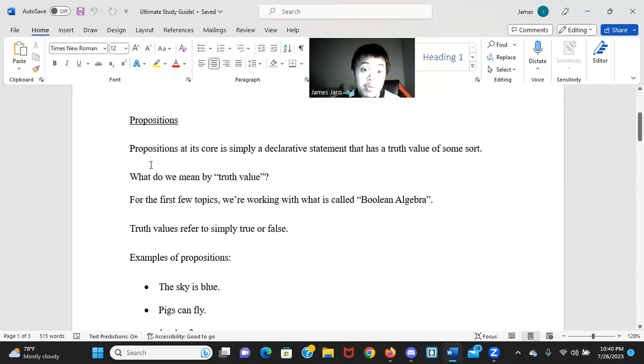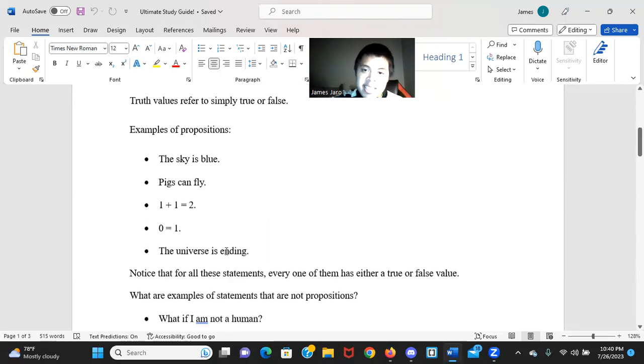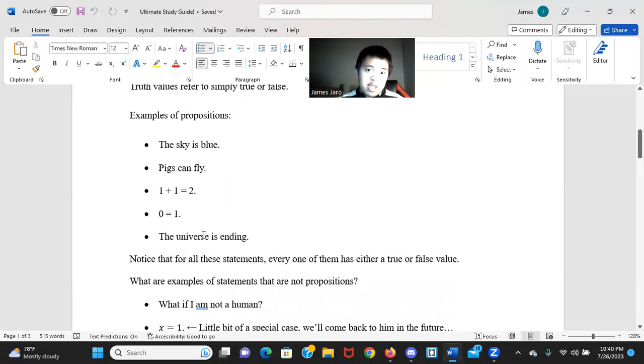Examples of propositions: the sky is blue, pigs can fly, 1 plus 1 is equal to 2, 0 equals 1. All of these statements are propositions because every one of them has either a true or a false value.